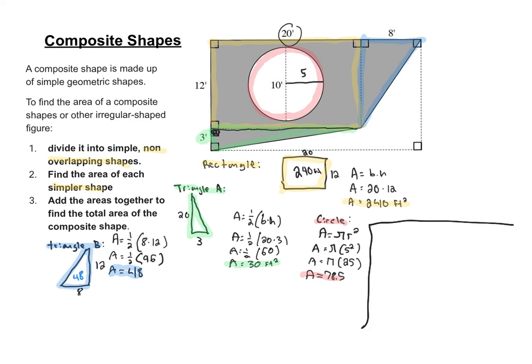This is the area of our composite shape is going to be 240, there's our rectangle, plus 30 for triangle A plus 48 for triangle B minus 78.5. So these are all pluses. All right, go ahead and do those calculations. And what I ended up with was an area of 239.5 square feet of the whole shaded region.